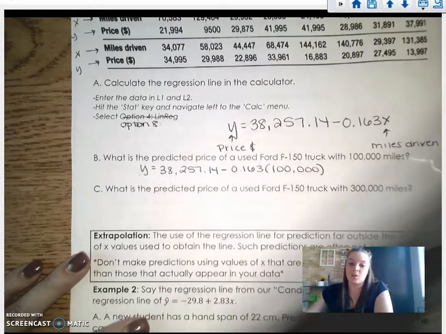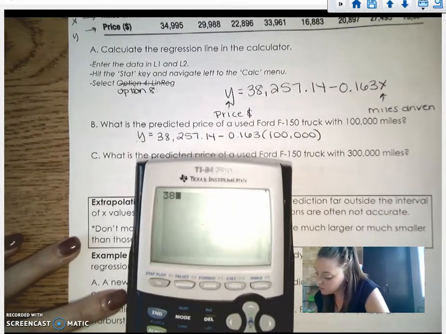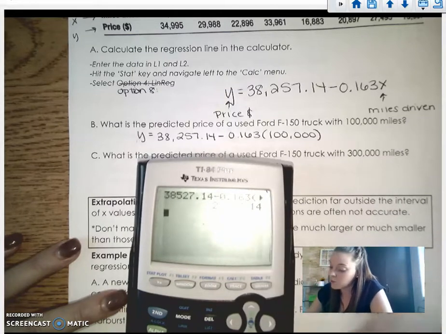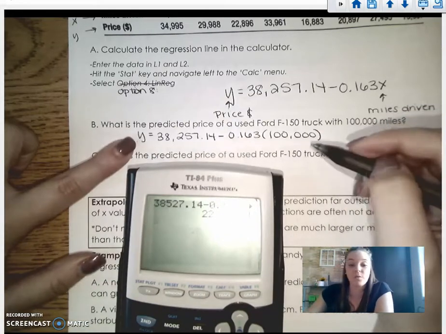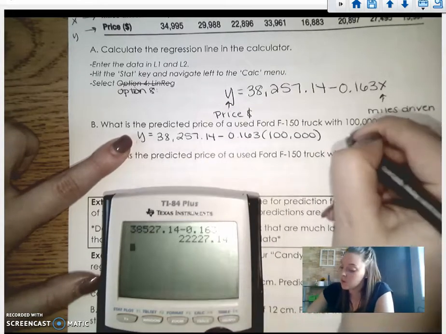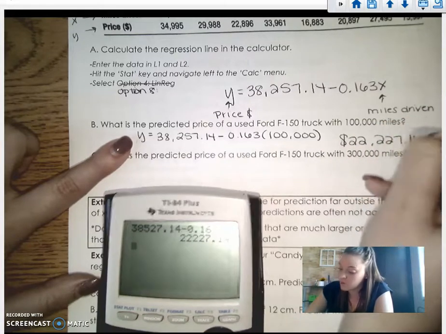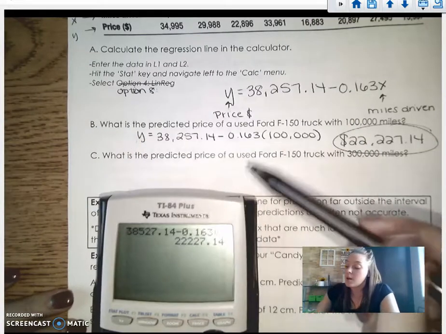I'm going to type that straight into my calculator: 38,257.14 minus 0.163 times 100,000, and I get $22,227.14. So a Ford F-150 truck that has 100,000 miles on it would be worth $22,227.14 according to Autotrader.com.